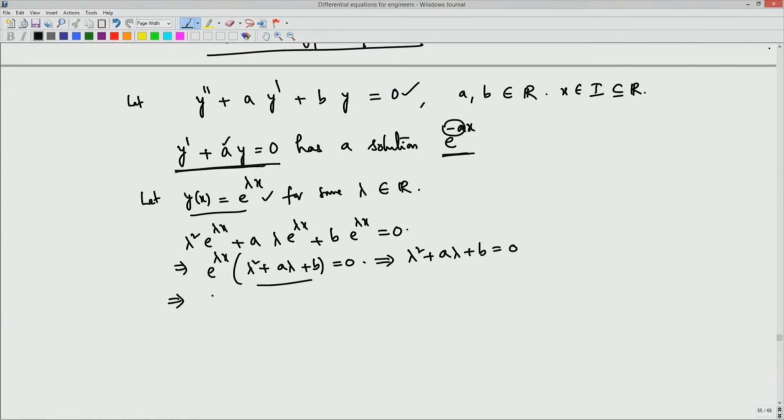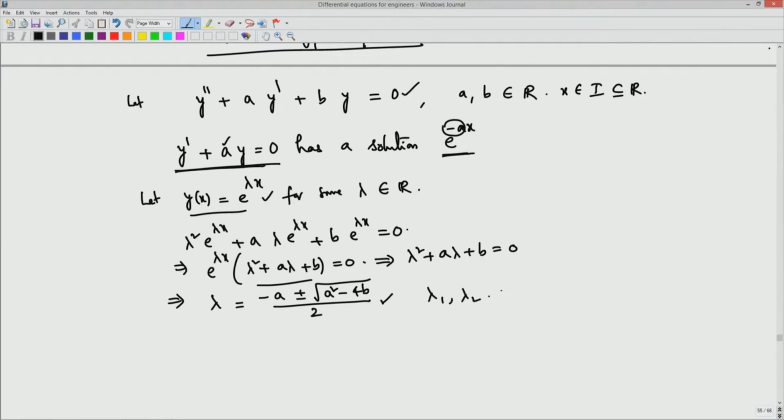You can find the roots of this quadratic equation: lambda equals minus a plus or minus square root of a square minus 4b, divided by 2. These are the two roots of the quadratic equation. Call them lambda 1 and lambda 2.